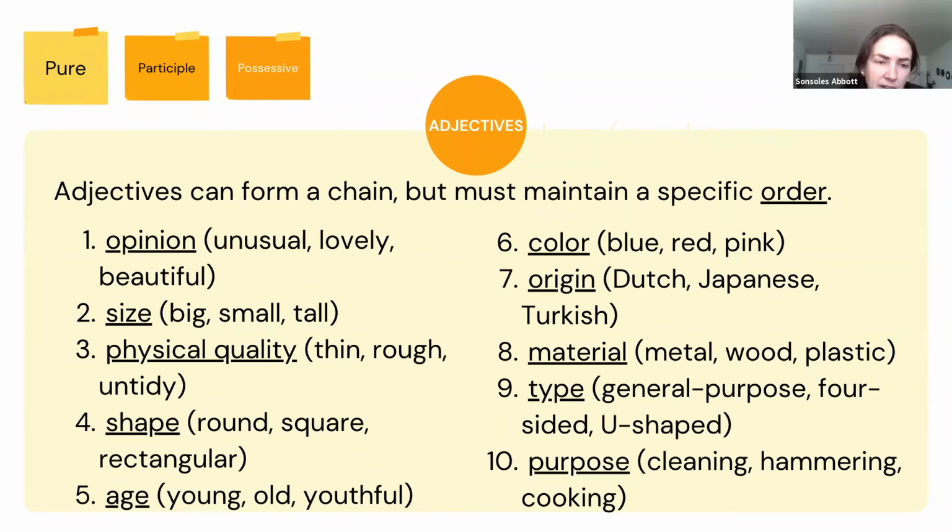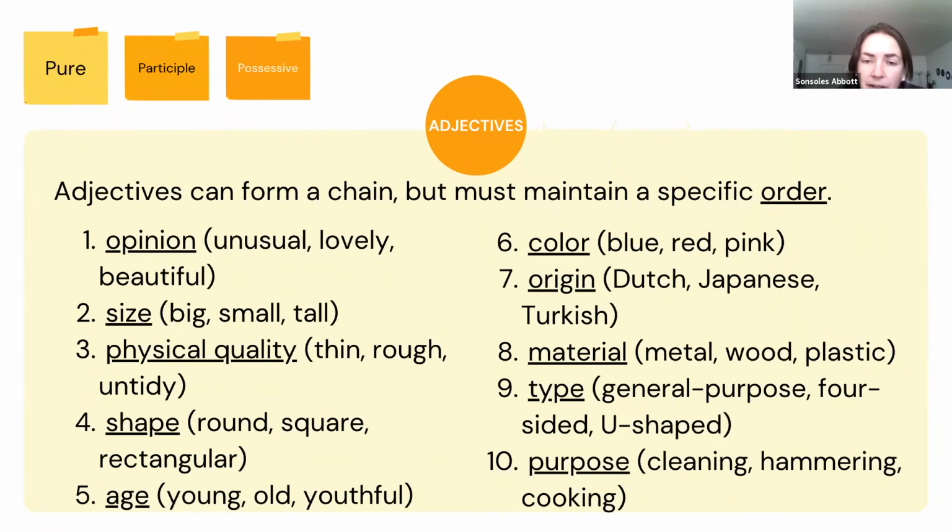So opinion: unusual, lovely, beautiful. Size: big, small, tall. Physical quality: thin, rough, untidy, messy. Shape: round, square, rectangular. Age: young or youthful.